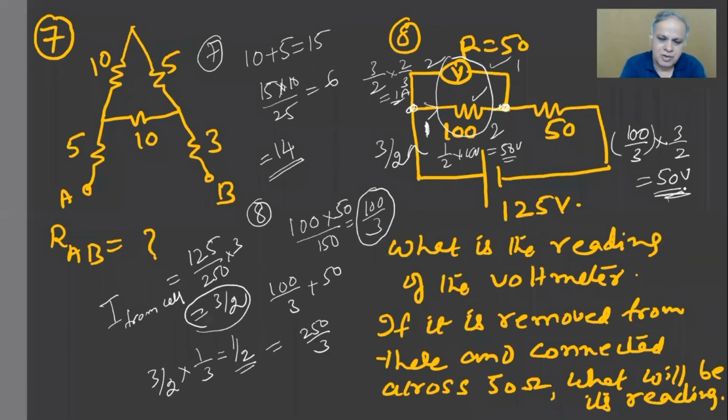How much is that? 125. So what is the current now? 125 by 125, 1 ampere. So 25 into 1. 25 was the equivalent there, isn't it? So it is 25 volts. So what is there to do actually?